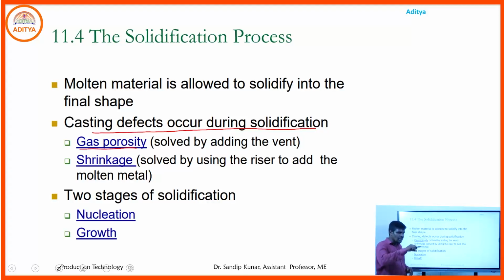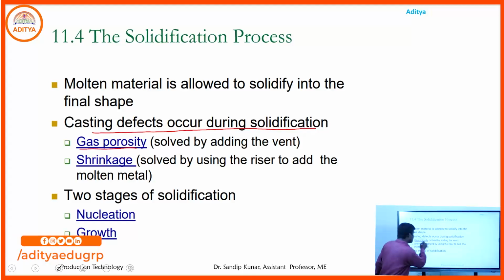Due to the trapped gas in the mold cavity, some voids will be created, and the gas wants to come out from the cavity. If it finds some path, it will come out. Otherwise, if the gas is trapped in the mold cavity, some pores or a defective product will be created.